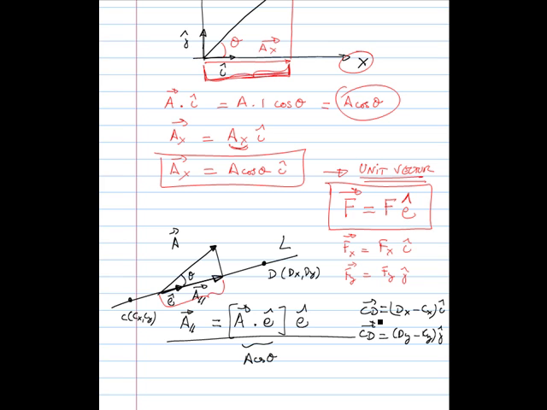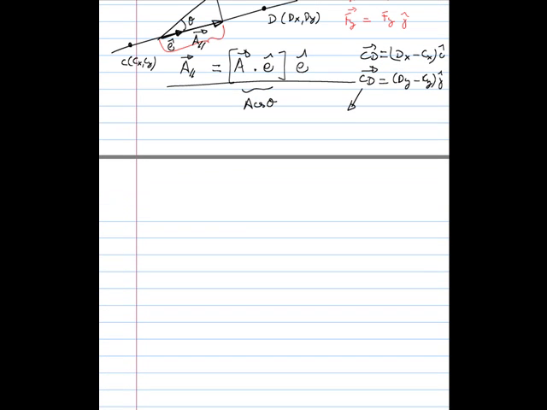I can obtain and calculate the unit vector of that position vector. Now remember, if a vector has any length, in my case CD, and I would like the unit vector which is parallel to CD, it's going to be a vector which is parallel, but its length will be equal to 1.